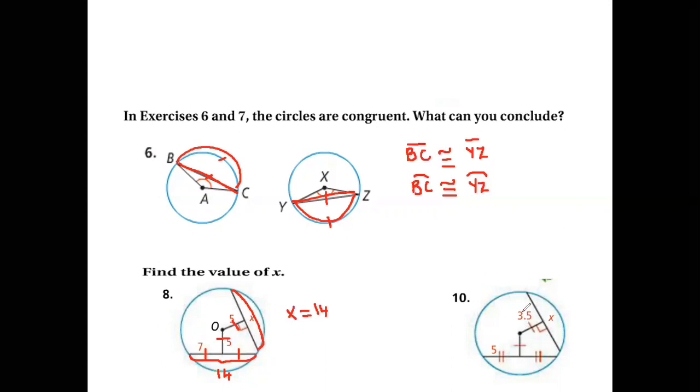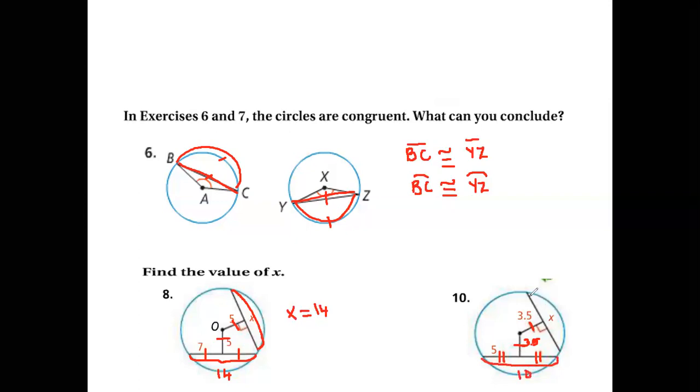Now here, again, it is equidistant because they have given the congruency symbol. So the chords are equidistant from the center, and again it is mentioned that the chords are cut into halves. So half is 5, so the total will be 10.